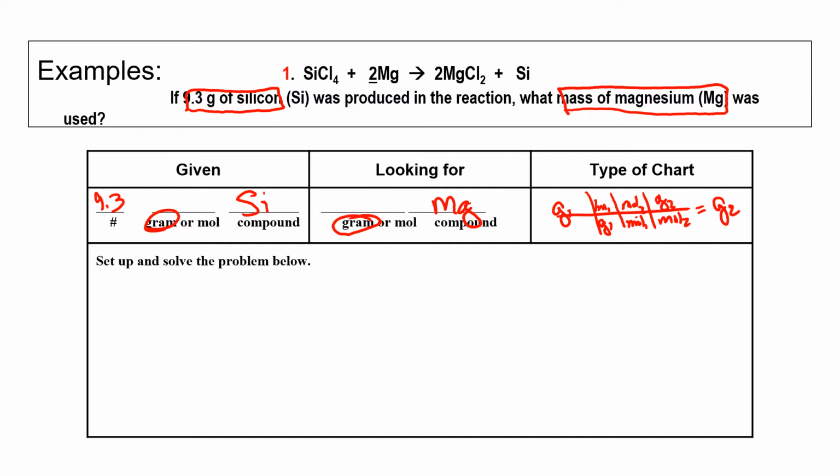So we're talking about grams, so we're going to need to know the molar mass of silicon in this case and the molar mass of magnesium in this case. Okay, so silicon has a molar mass of 28, and magnesium has a molar mass of 24.